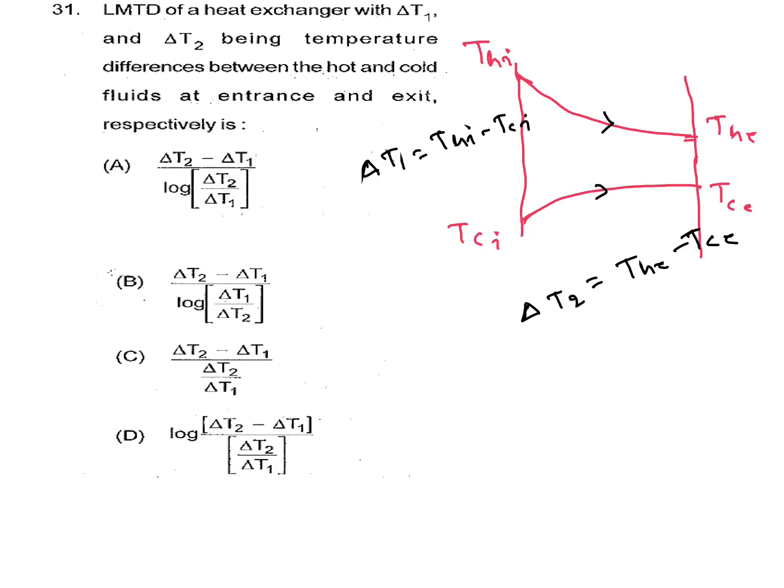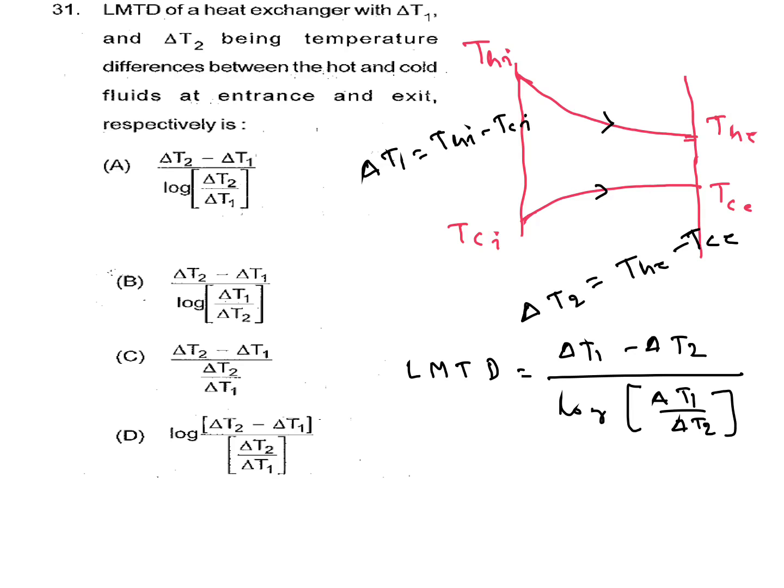For problem solving, all public sector exams they are asking this type of questions. You have to remember that log 2 value also. It will be very useful. So LMTD it will come delta T1 minus delta T2 divided by log delta T1 by delta T2.